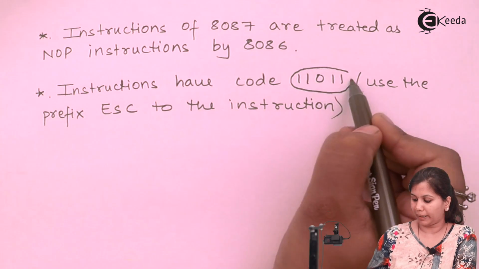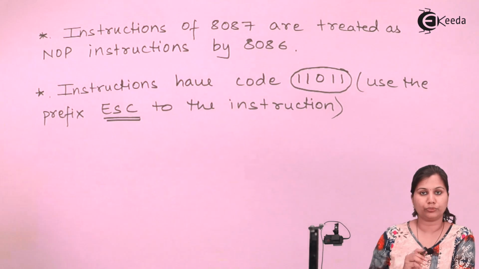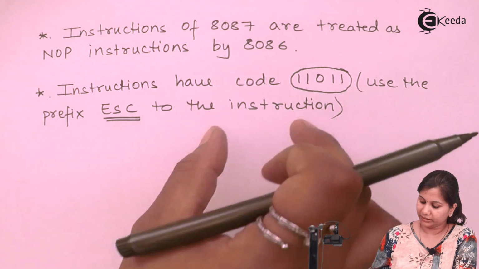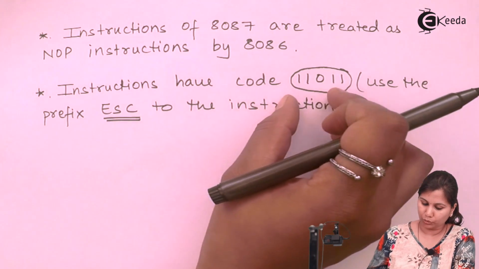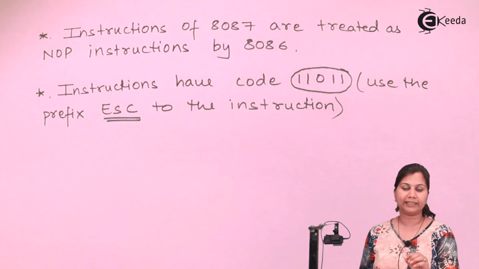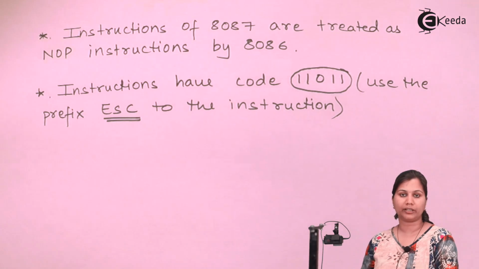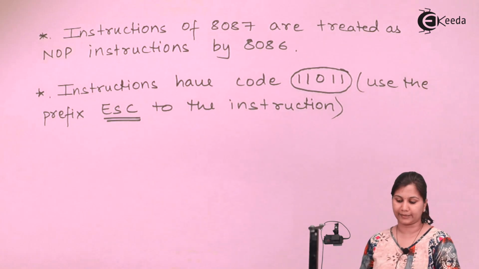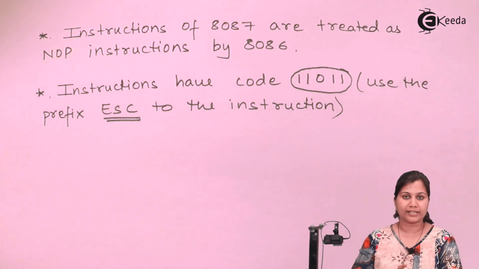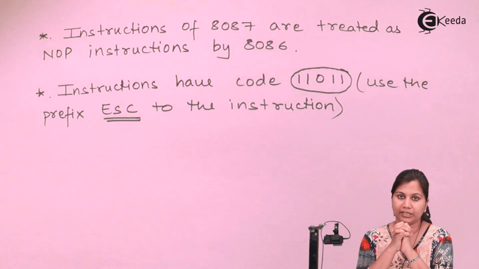This is the first byte of the instruction, given by using the prefix ESC, escape, to that instruction. By giving that prefix, it will have the code 11011, which helps the microprocessor to identify that it is an 8087 instruction, not an 8086 one. In this way, the processor and the coprocessor work in association with each other.